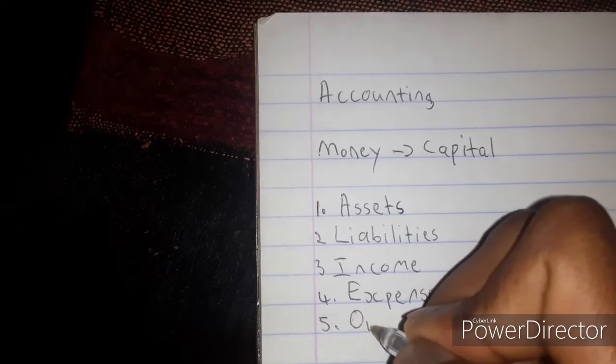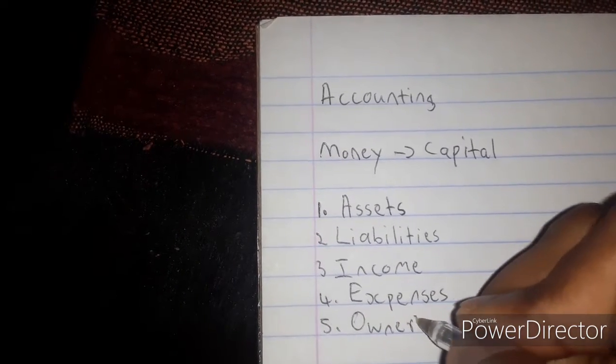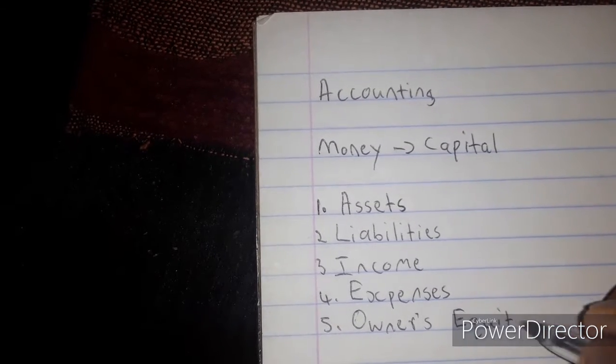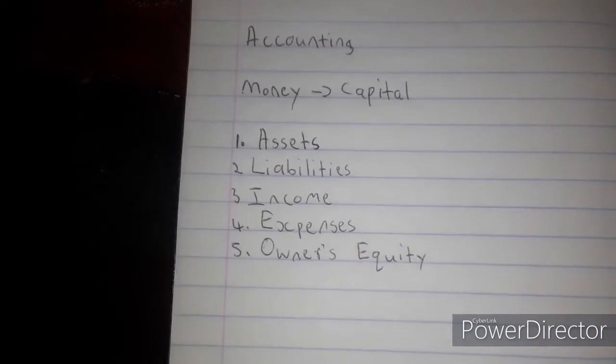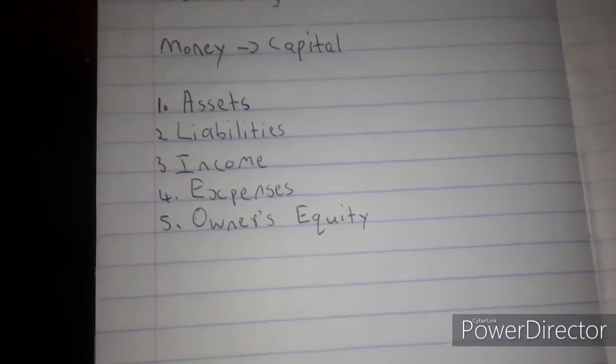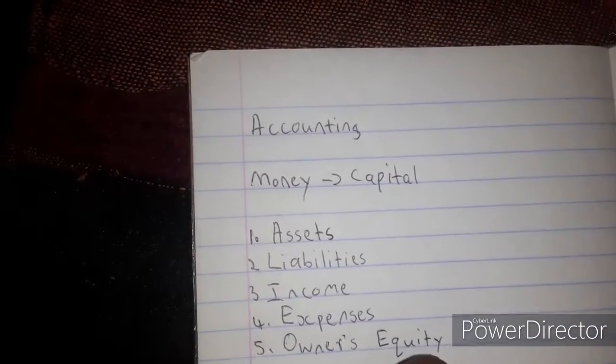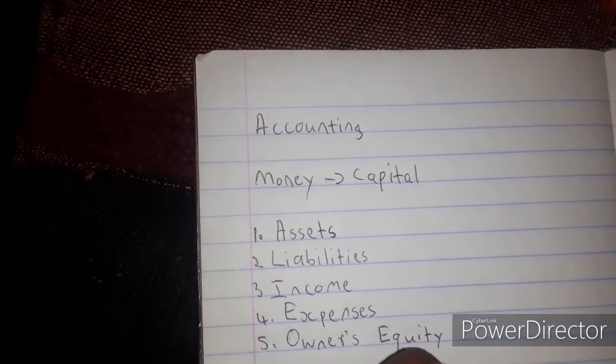The last one is the owner's equity. So let me start discussing number 1, which is the assets.